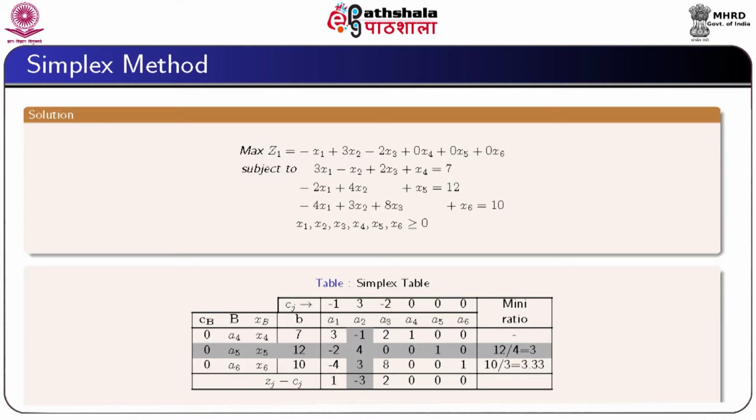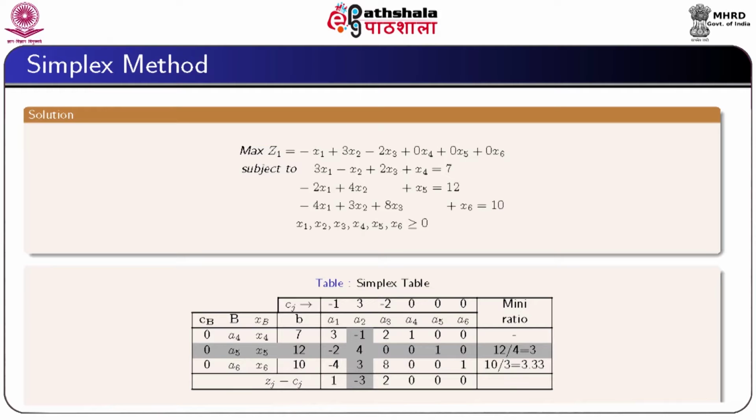Then we calculate Zj minus Cj, and from the values of Zj minus Cj, we see that minus 3 is the only negative quantity. Hence, the vector A2 will enter the basis. Then we have to calculate the minimum ratio to find which vector will depart the basis.